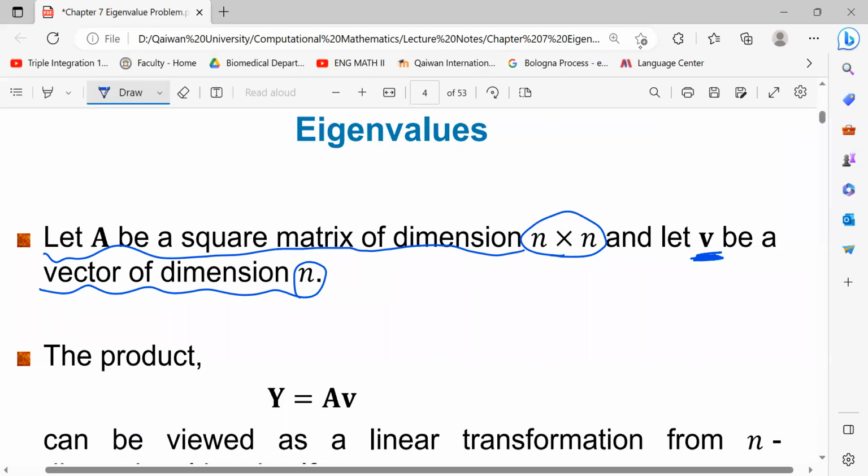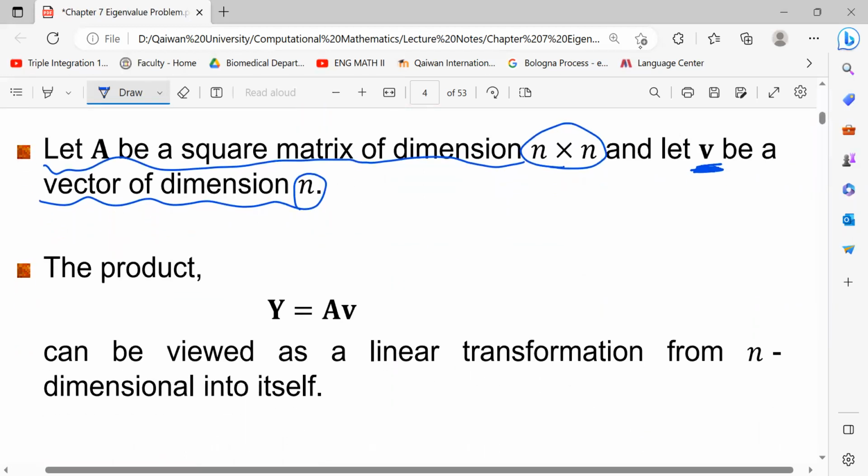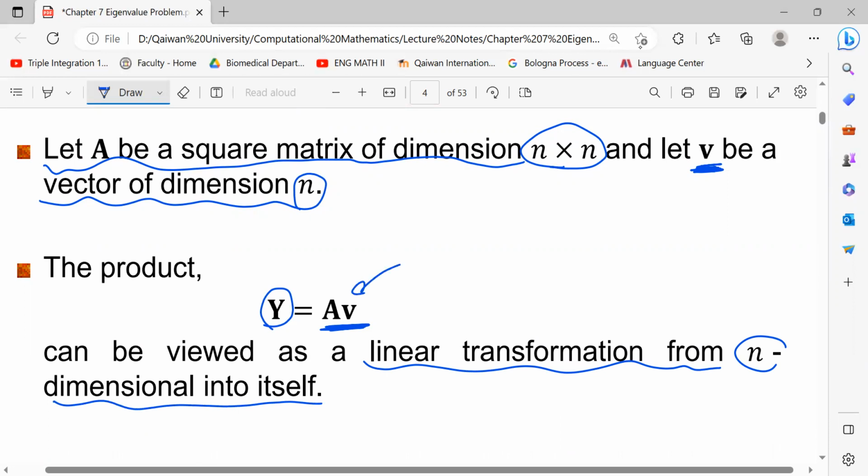We say the product Y equals AV can be viewed as a linear transformation from n-dimensional space into itself. This is called a linear transformation. If V is any vector in the vector space, we get the same size of vector.